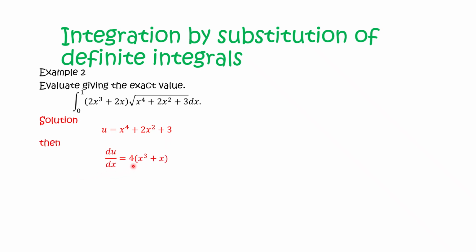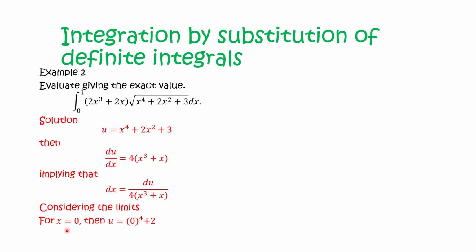Then du dx becomes 4 times x cubed plus x, implying that dx is going to be du over 4 times x cubed plus x. Now, considering the limits, we are dealing with a definite integral, so the limits have to be changed as well.